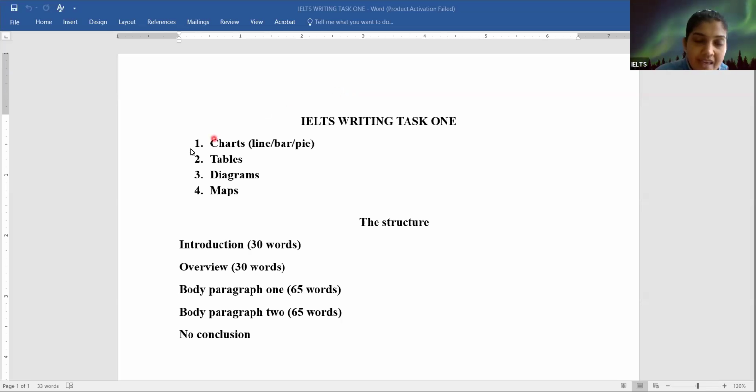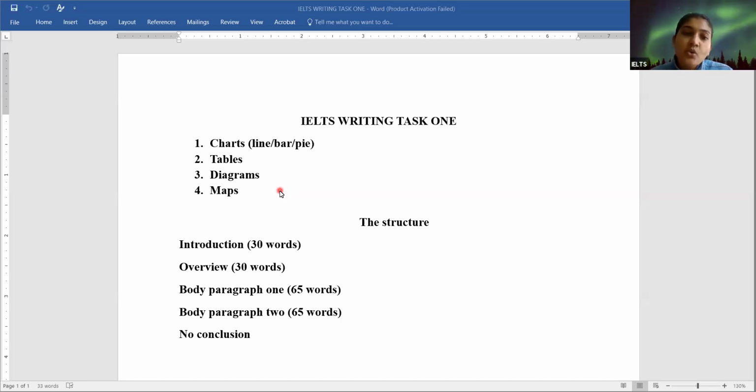Then, as you can see, there are 4 options: charts, tables, diagrams, and maps. So you have to write an illustration on a chart, on a table, on a diagram, or on a map.